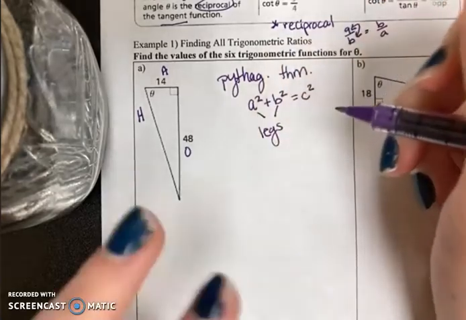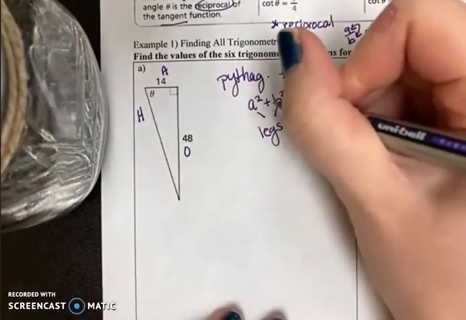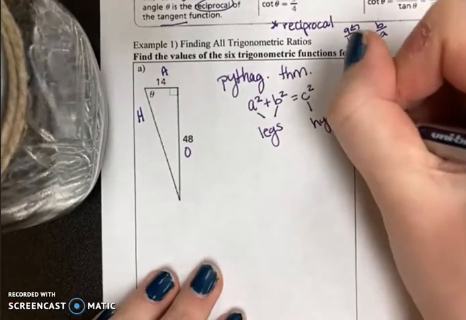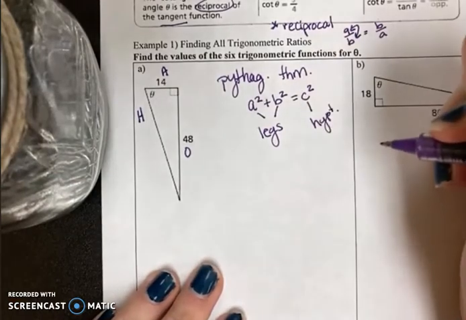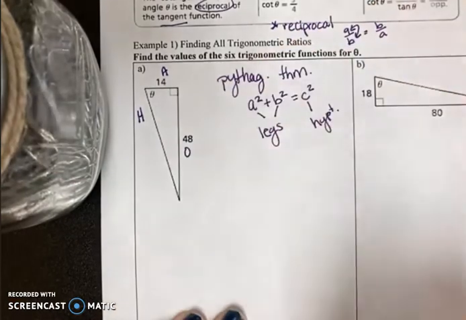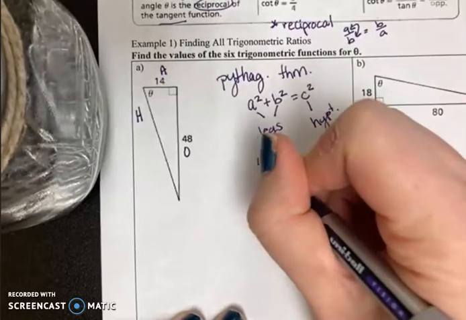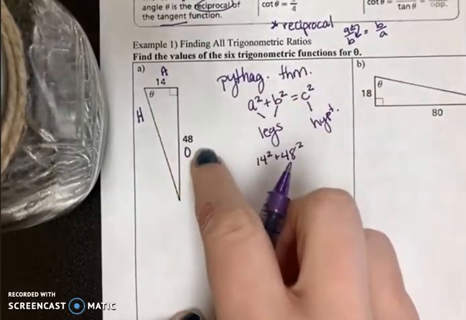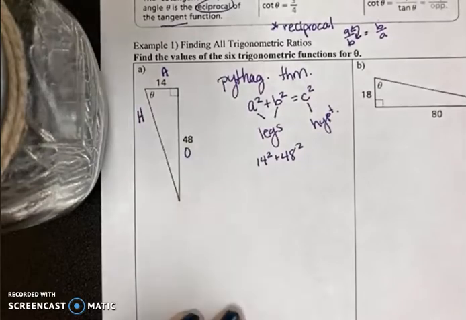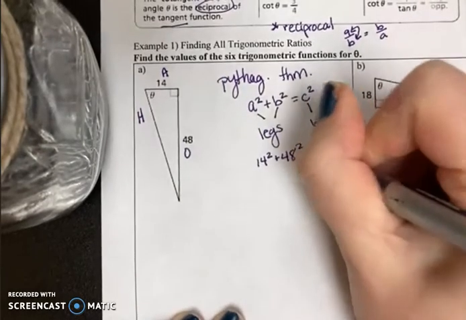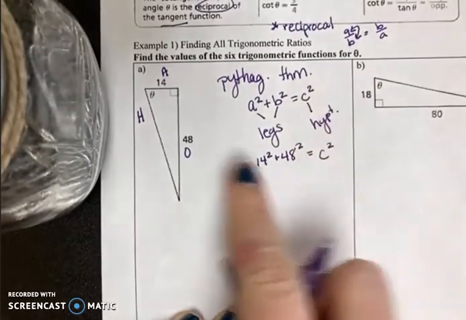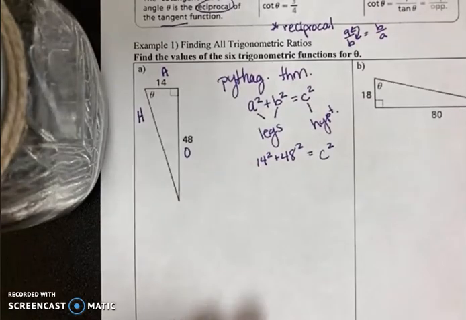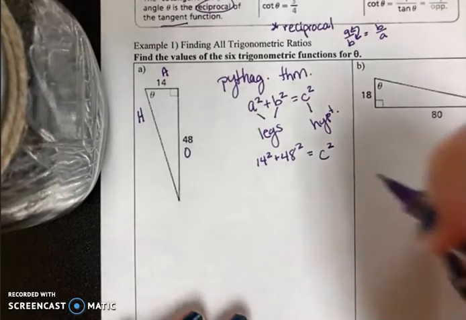It doesn't matter if you have them flipped or not, but A and B must be legs. C is the hypotenuse. So when I'm writing this equation, it's going to be 14 squared plus 48 squared, because 14 and 48 are both legs of the right triangle, equals C squared, because I'm missing the hypotenuse. And let's just solve for C.